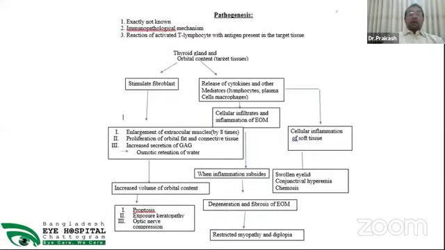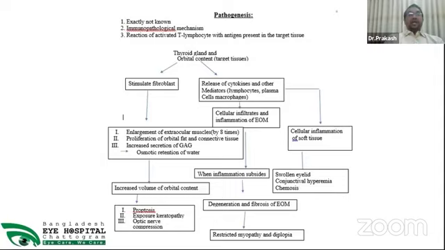Now come to the pathogenesis of thyroid eye disease. If we can understand the pathogenesis, we can understand the clinical features of thyroid eye disease. The exact pathogenesis we don't know, but it is strongly believed to be caused by immunological mechanisms.